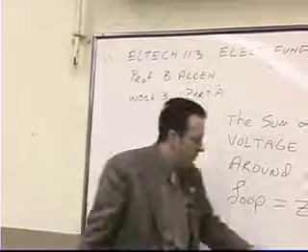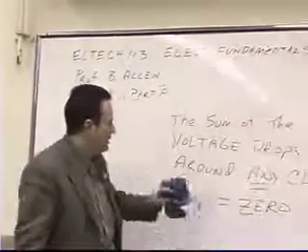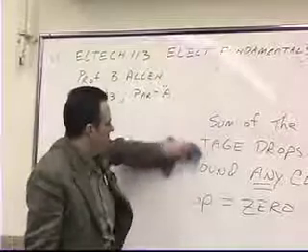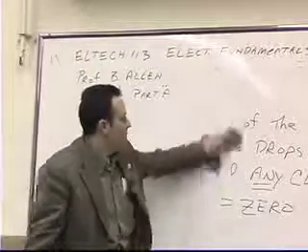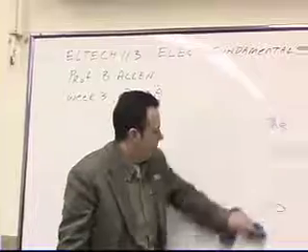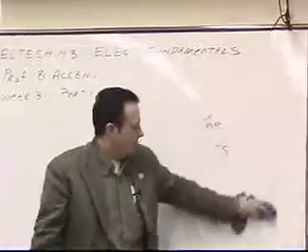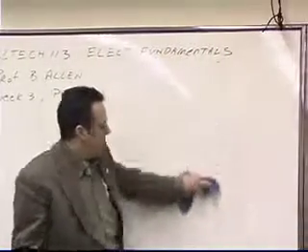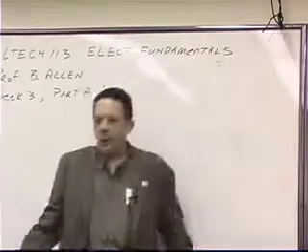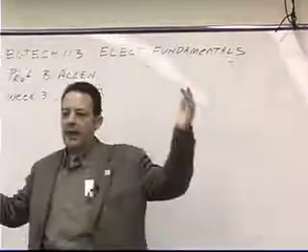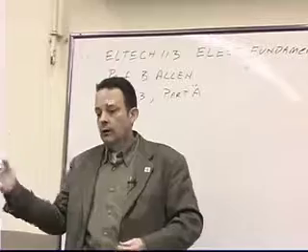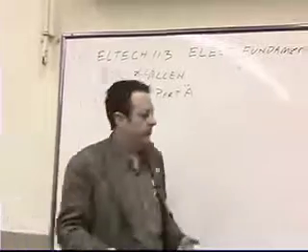Now I'm going to show you the way that we're going to simplify this so that we can use it to solve circuits and to predict how big wires have to be, how big breakers have to be, what size panels have to be, and things that make you money.